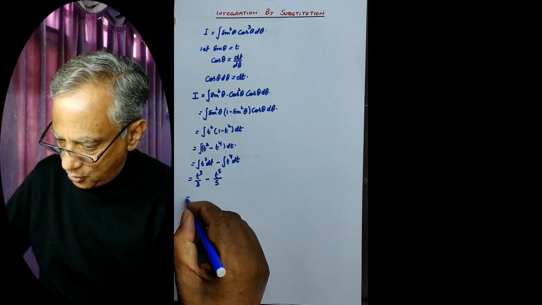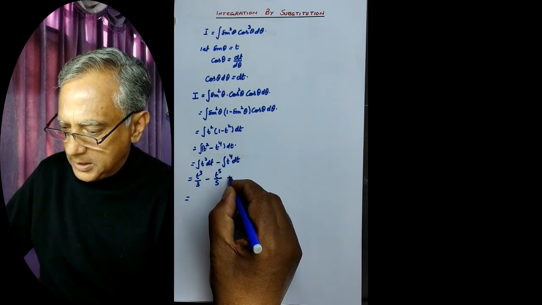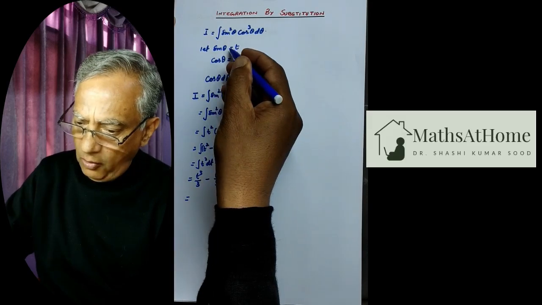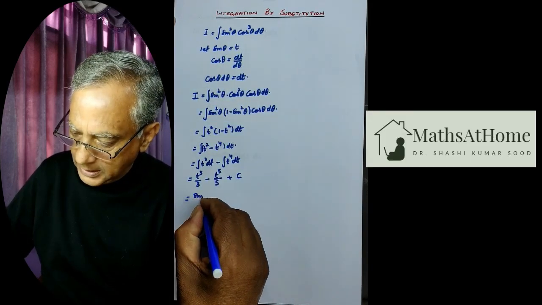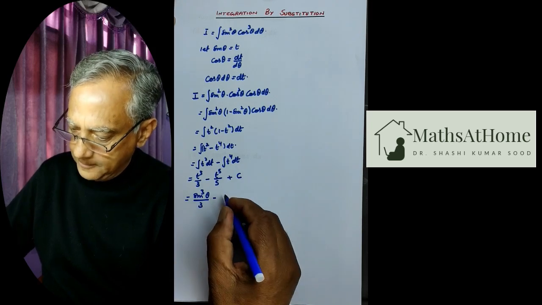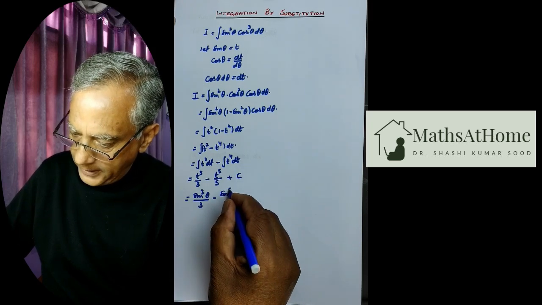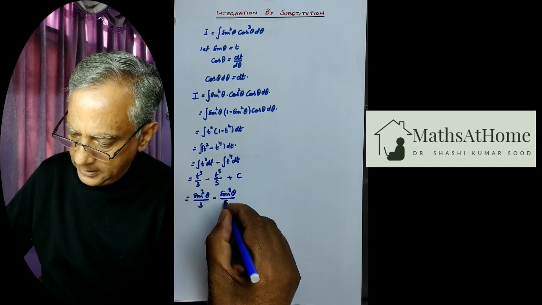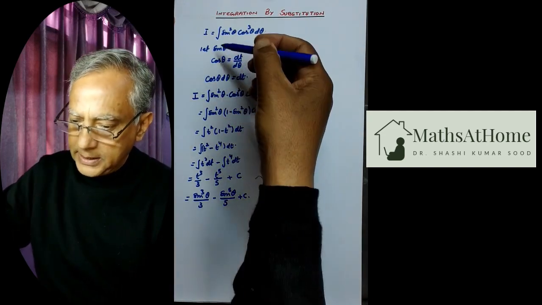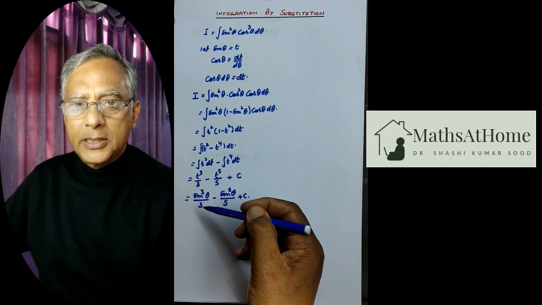And here we must take a constant of integration. Now t is sine theta, so this will be sine cube theta by 3 minus sine to the power 5 theta by 5 plus c. So this is how we make a substitution.